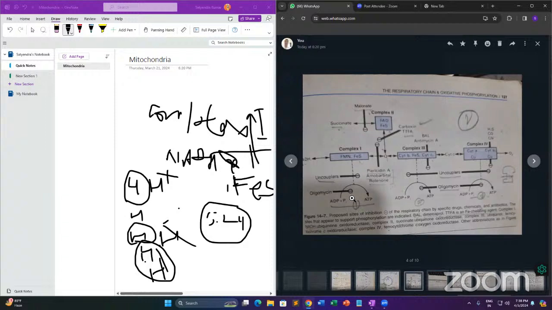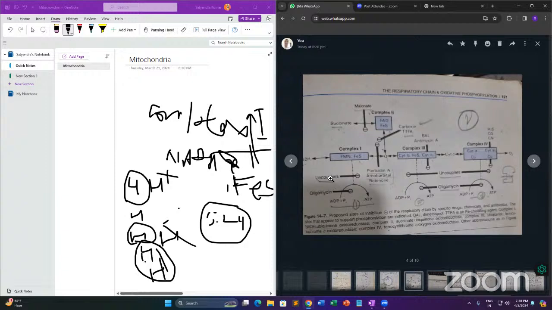This is the movement of the proton from the inner membrane space to the matrix, because oligomycin is present in the stalk of the elementary particle. That's why it is also known as oligomycin sensitivity conferring protein. It inhibits the flow of the proton from the inner membrane to the matrix through the ATP synthase enzyme.